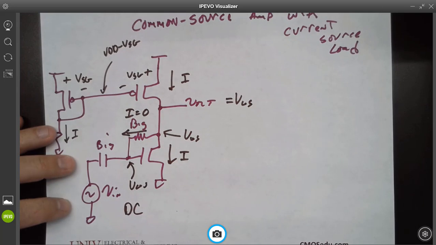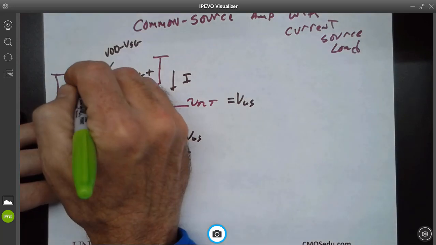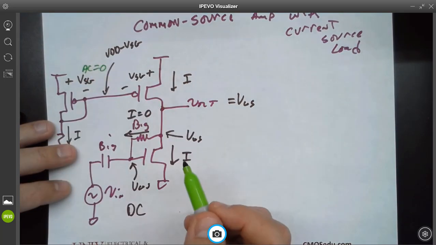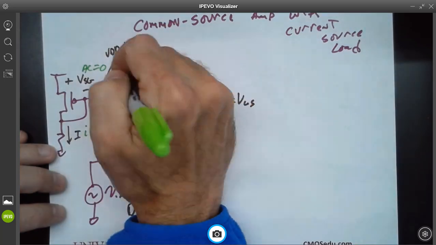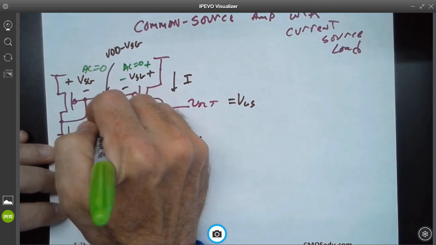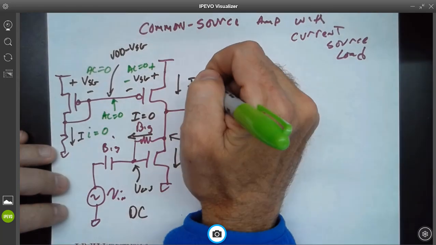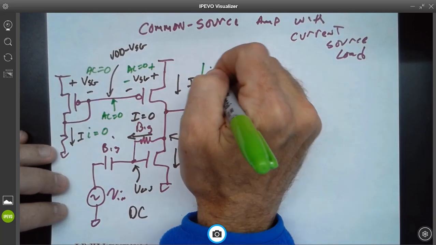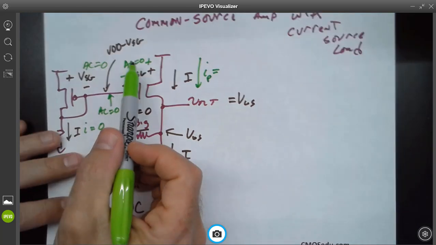All right, so let's do the AC part. What's the AC voltage here? Why? What's the AC here? What's the AC here? What's this AC voltage? Okay, what's the AC current flowing through here? Think about it, it's easy. Well, it's not gm, because what is the AC?